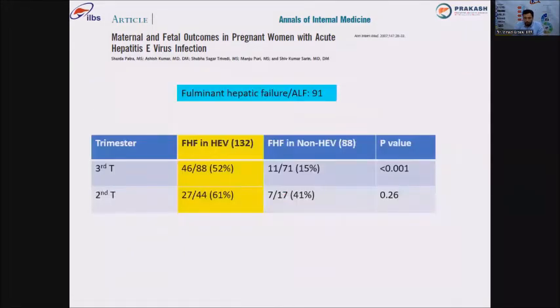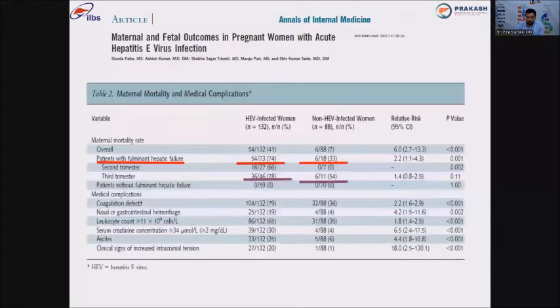The fulminant hepatic failure, which was seen in 91 patients, manifested in the third trimester in 50% of patients, and in the second trimester in 61% of the hepatitis A patients. Those patients who presented with hepatitis E induced fulminant hepatic failure usually had a very high mortality, which ranged up to 70%, and was significant as compared to patients who had non-hepatitis E related fulminant hepatic failure.